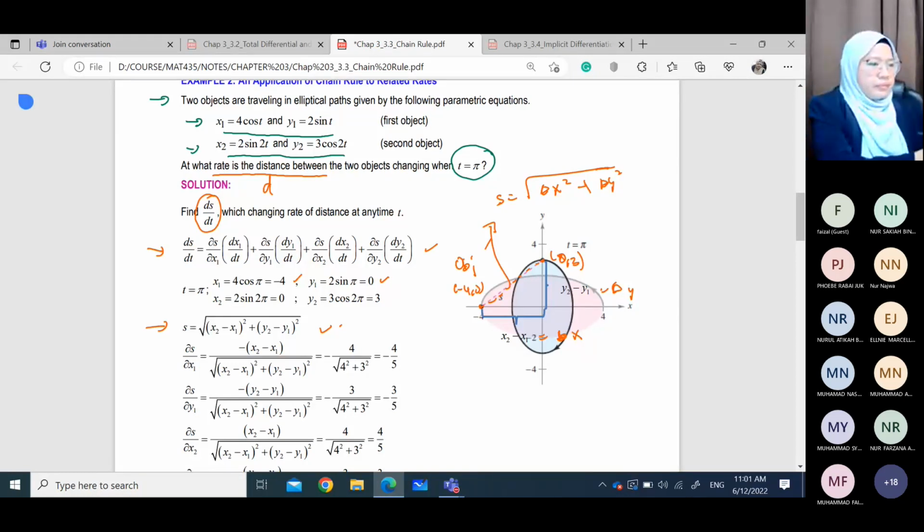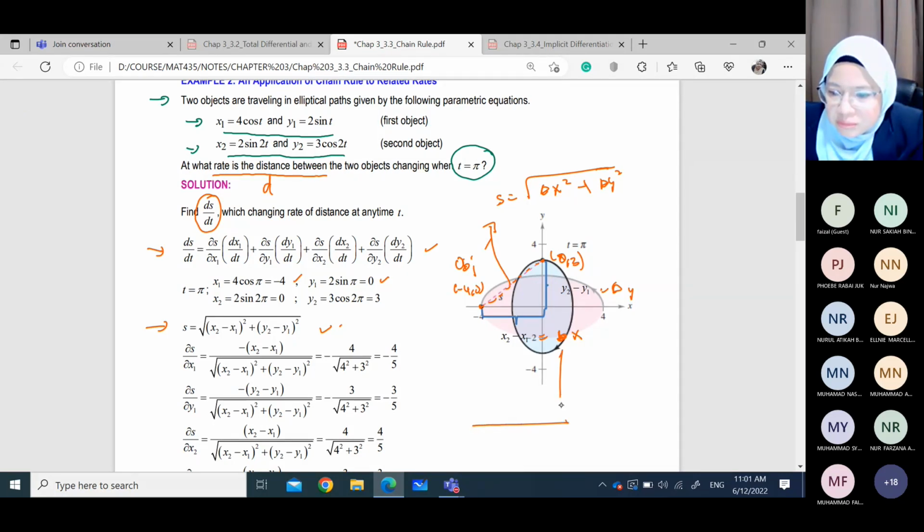Okay, actually we use the Pythagoras theorem. Do you remember? We have a triangle with a 90 degree angle here. Say we have X, Y and Z. How do we find the length of Z?